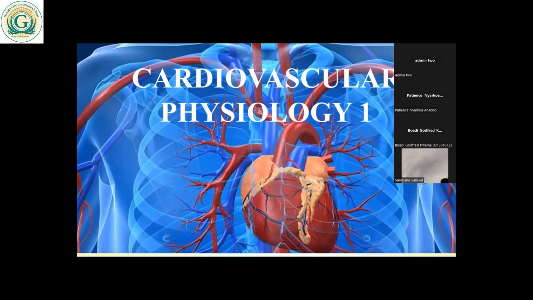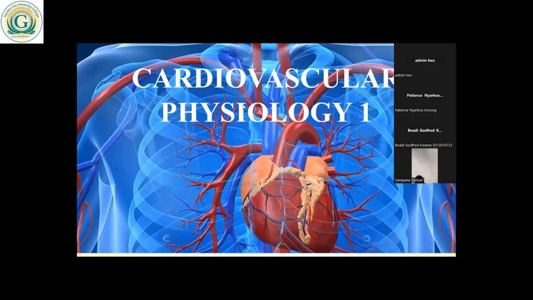So we are looking at the cardiovascular system, and I'm sure you are doing the anatomy part. I'm aware you are doing the anatomy part. So that means our class will be a little easier compared to not doing the anatomy part. The cardiovascular system is made of the heart as an organ, and then we have blood vessels.